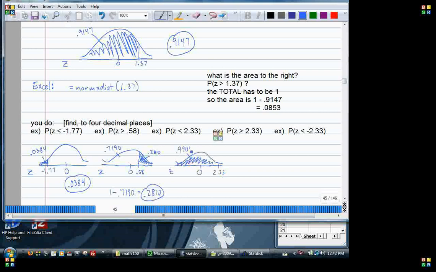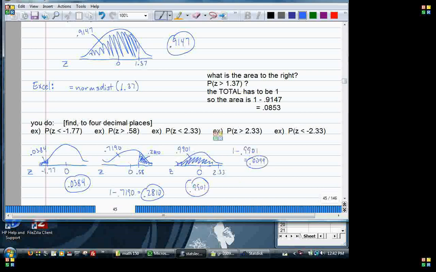Okay, and that's the answer. Now what's the probability that Z is greater than 2.33? This one's easy. You can just do 1 minus 0.9901, and that gives you 0.0099, and that's your answer.